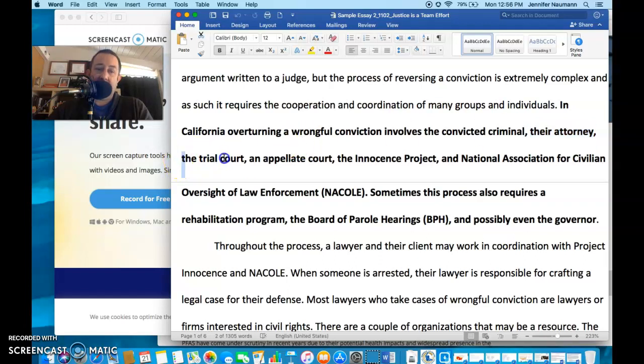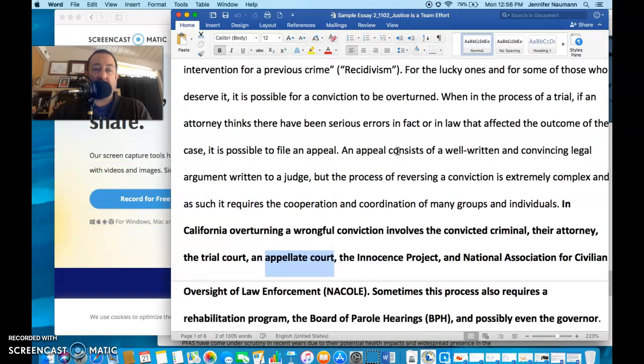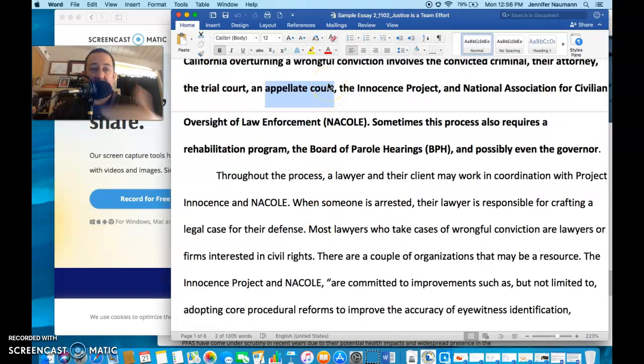So I started to think about the courts, right? So I looked at trial courts. Trial courts are where people get convicted of crimes, and you have the appeals or the appellate courts. And then I started to think about, well, one of the experts on wrongful convictions talks about capital punishment. So then I went down this rabbit hole: can an appellate court make a ruling about capital punishment?